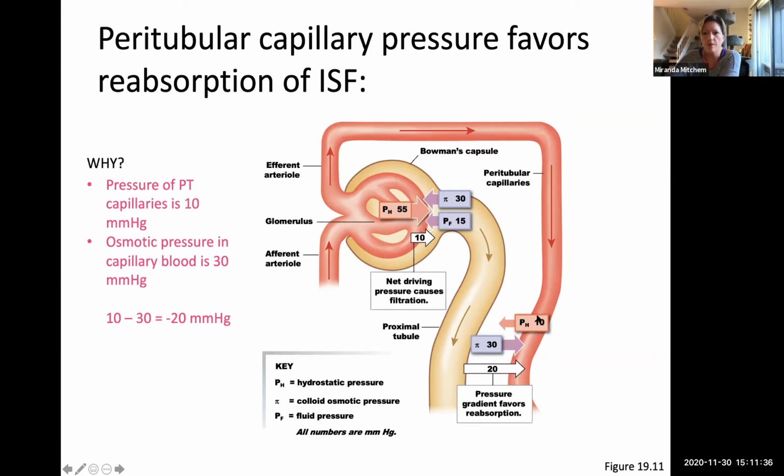We've got our peritubular capillary pressure of 10 millimeters of mercury, but our osmotic pressure in the blood is about 30. So at this part of the kidney, we've got a pressure gradient of 20 that is favoring reabsorption back into the peritubular capillary. You can think of it as a way to draw the material back to the bloodstream because the pressure dynamics support that to happen.